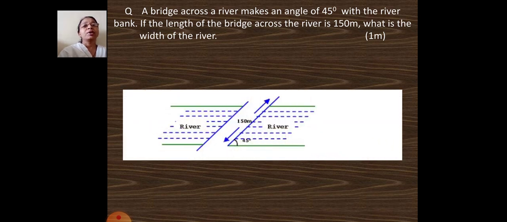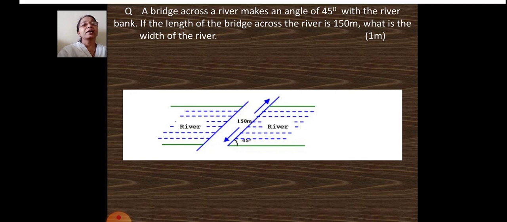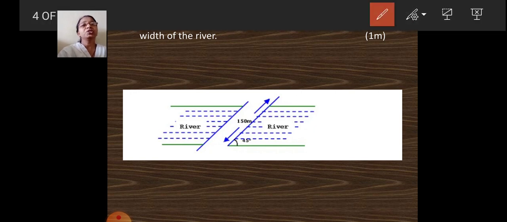That 150 meter length shows the length of the bridge, and that 45 degree angle is the angle made by the bridge with the bank of the river. So this angle is given to you.